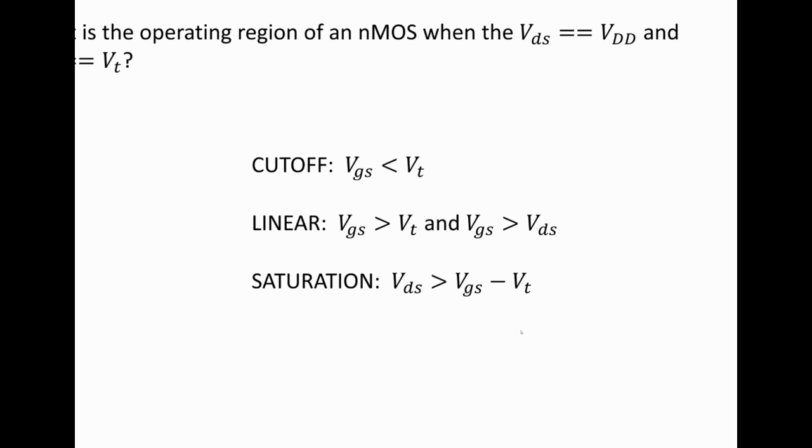Saturation mode happens when you're doing your transition, when you're transitioning a gate from 0 to 1 or 1 to 0. And saturation mode happens basically when you have a large voltage difference over the transistor and it's turned on. So that's when the drain source voltage is greater than the gate source minus the threshold. And so in this case, we'd be in saturation mode.